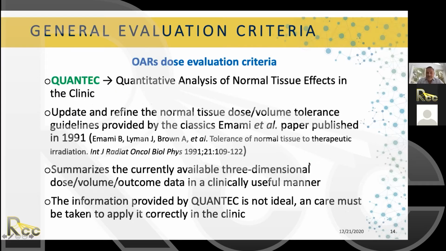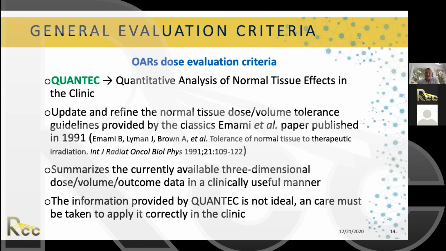For the organs at risk, those evaluation criteria, every institution can develop its own criteria, of course, with a lot of published data, clinical trials, and experience, or by sharing data with other institutions. But there are documents that contain the most important criteria to follow.